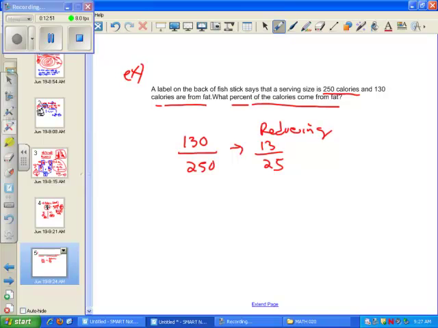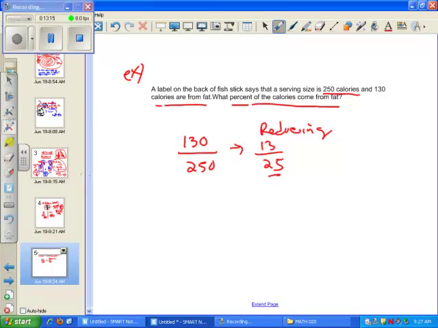Now, how do you get that to be a percent if you're going to go the old-fashioned way? 25 could be 100. What I did was I multiplied 25 by 4, which is 100, which is 13 out of 100. Oh, that's a slick way.